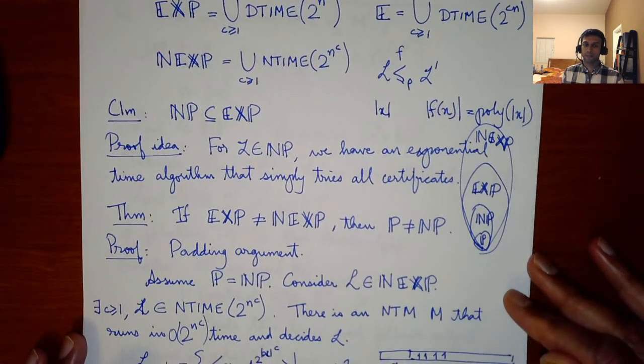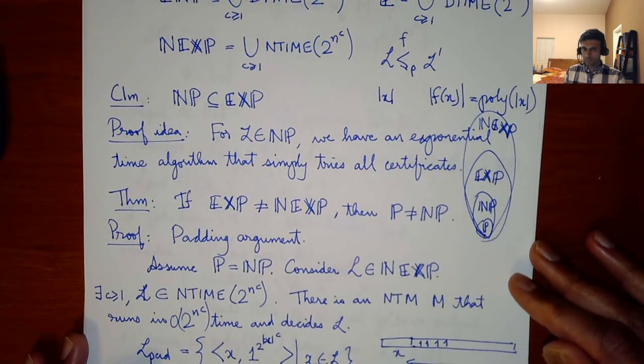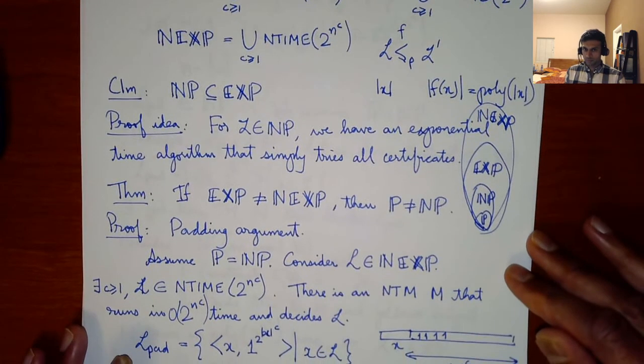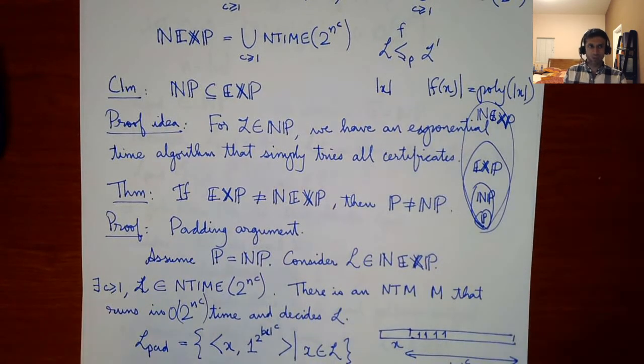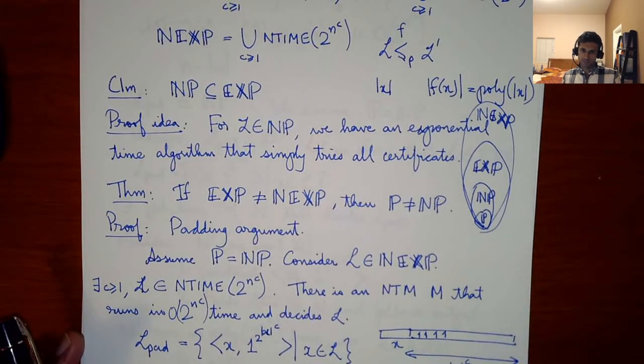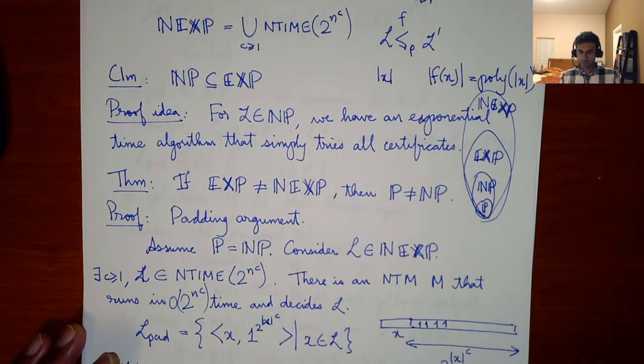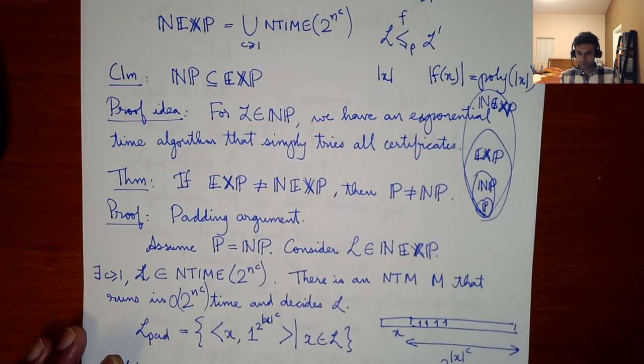So we're assuming P equals NP, and we're trying to say that NEXP is within EXP, right? NEXP trivially contains EXP, so you just need to show the other direction. We take a language in NEXP, and it has a Turing machine that decides it in non-deterministic exponential time.